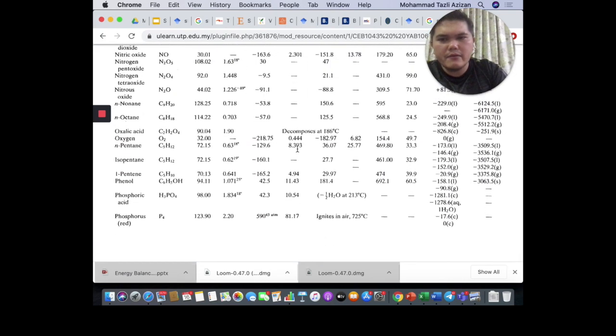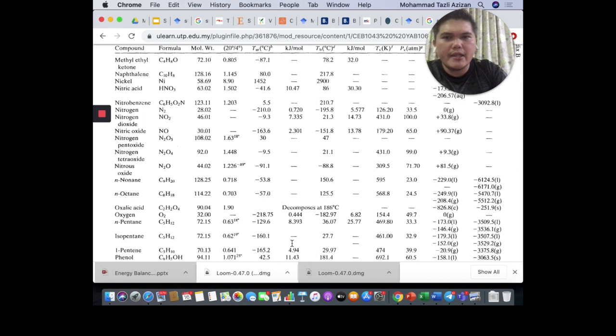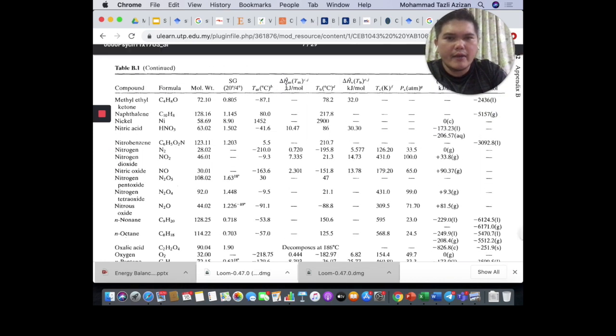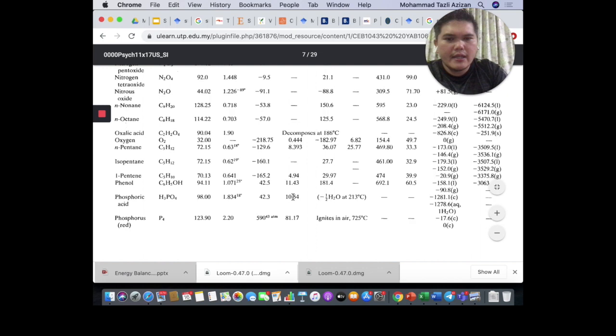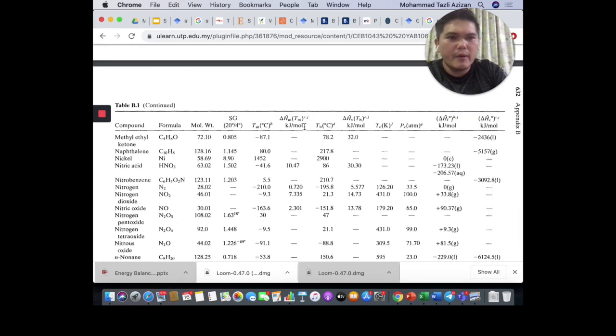And for phenol, we are particularly interested to know the boiling point as well as the melting point, because the melting point is the temperature where the change of state happens, for example from solid to liquid, at 42.5 degrees, and then we have the heat of melting, which is 10.54 kilojoules per mole. If you recall, this is given in kilojoules per mole, not kilojoules per kilogram.